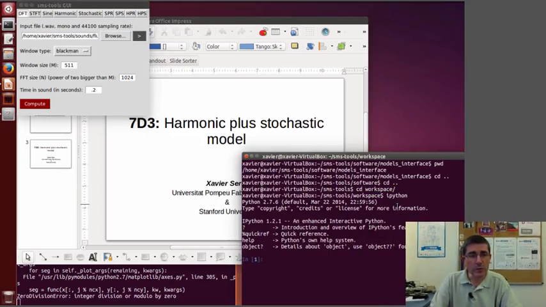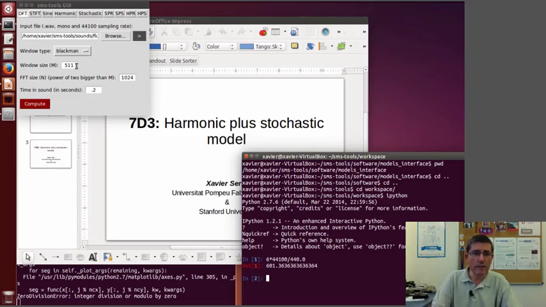To compute the best window size, we just do 6, which is the number of bins of the Blackman window, times the sampling rate, 44,100, divided by the fundamental frequency of this sound. This is an A4, so it's 440 hertz. Okay, so 601 would be a good window to use.